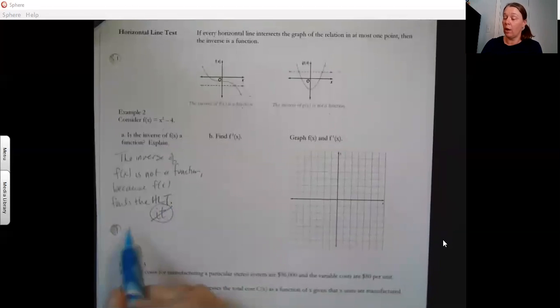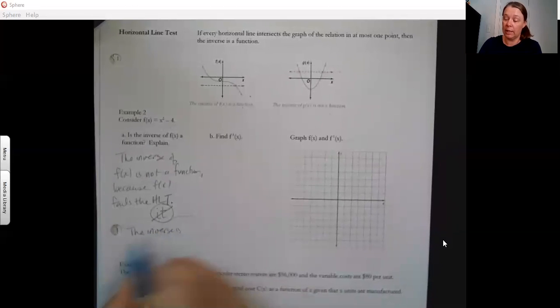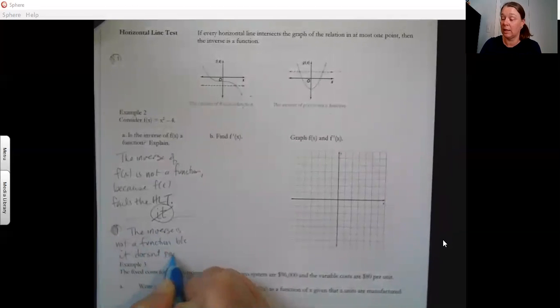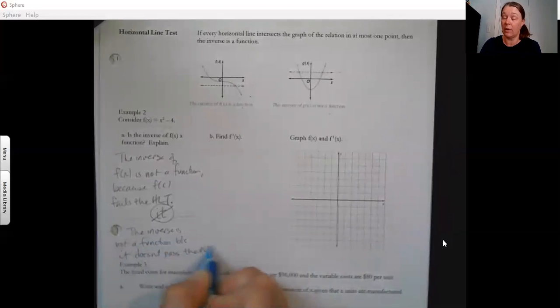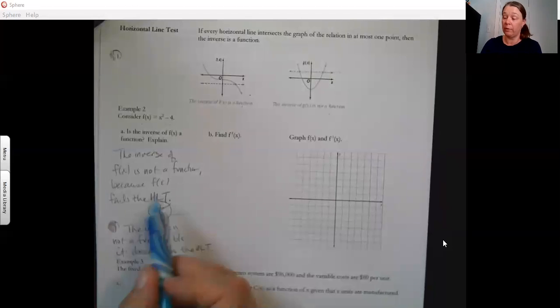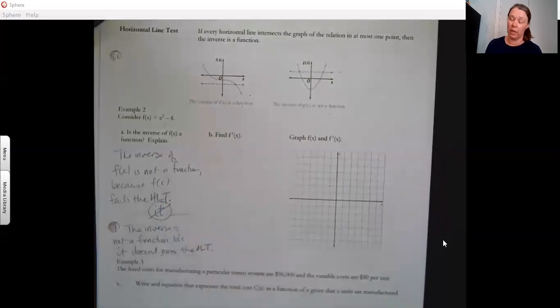Now the other way you could explain this, it would be perfectly fine to say the inverse is not a function because it doesn't pass the vertical line test. That's okay because my "it" is referring to the inverse and the vertical line test. If you're trying to use the HLT, the horizontal line test, you shouldn't be using that word "it."